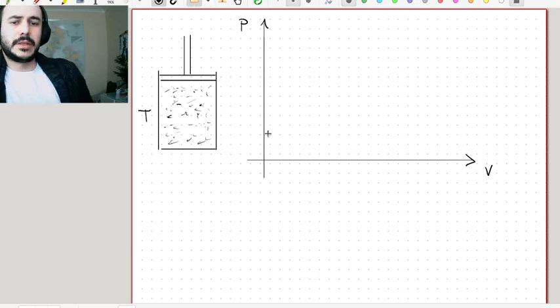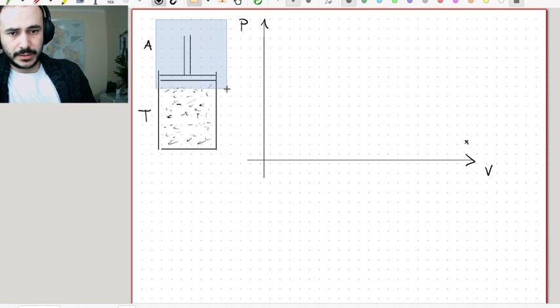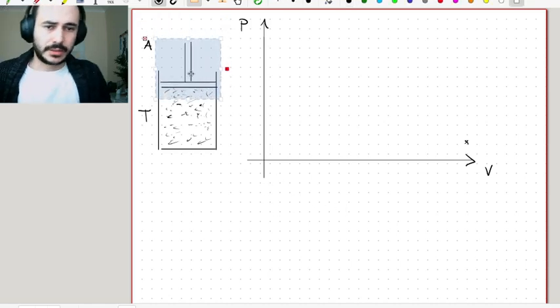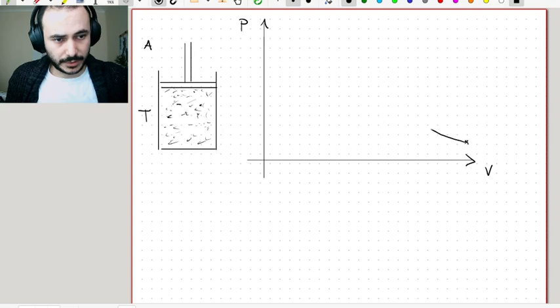And imagine I'm starting in point A, so this is state A, I'm somewhere here, and what happens when I compress this piston, I push it down a little bit, is that the pressure starts growing, okay? It starts growing monotonically, like that.